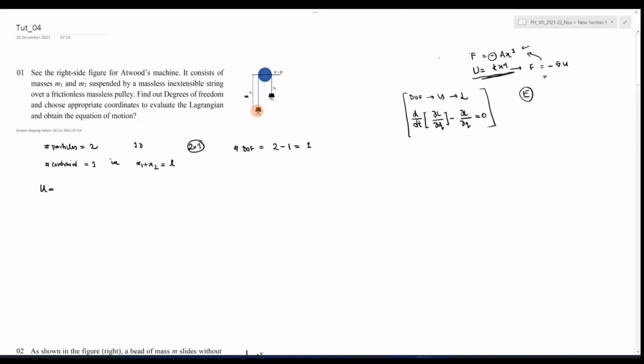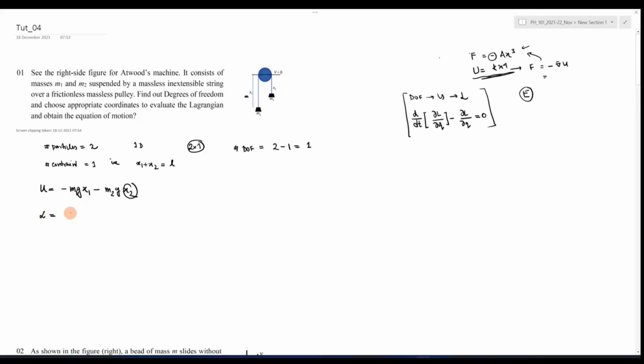Because m1 is x1 below the reference level, you can write it equal to minus m1 g x1 minus m2 g x2, where x2 is L minus x1. Or you can finally substitute this x2 in the Lagrangian itself. So let me substitute it in the Lagrangian later on.